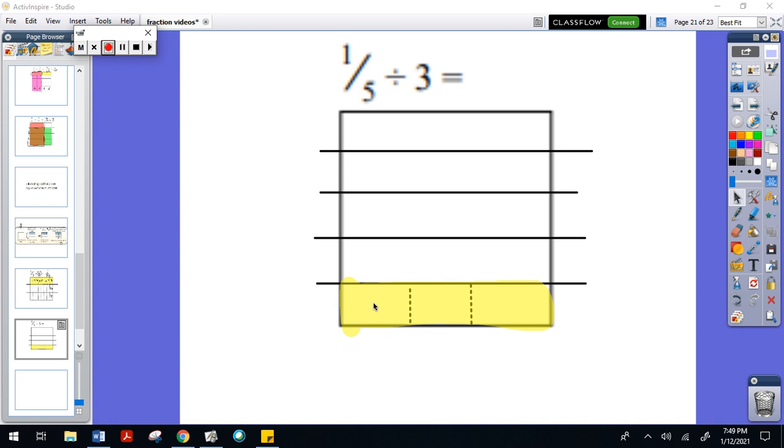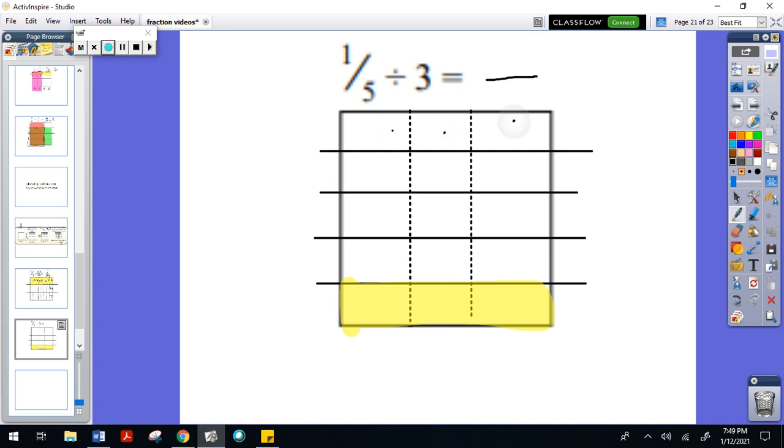So now that I have partitioned it into thirds, I am going to extend those thirds all the way up to the top. All the way up to the top. And by extending those, I now have given myself a new denominator.